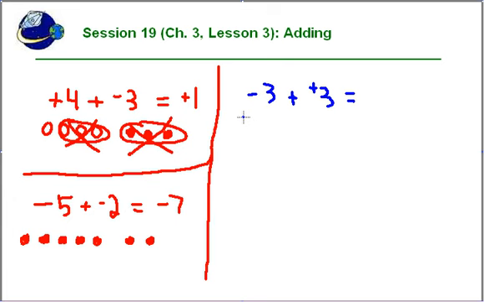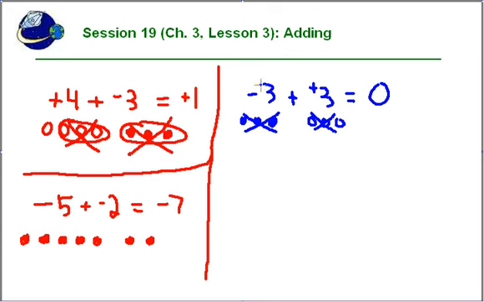Using the same illustration, our negative 3 is going to be represented by 3 antiparticles, and our positive 3 is going to be represented by 3 particles. What happens when these 3 particles interact with these 3 antiparticles? They cancel each other out. So what are you left with? You're left with nothing. So what is minus 3 plus a plus 3? It's 0.